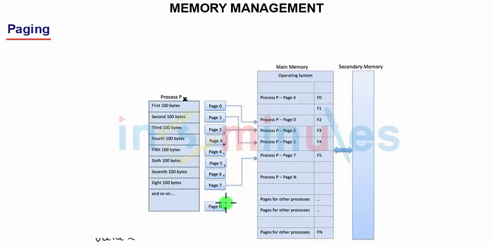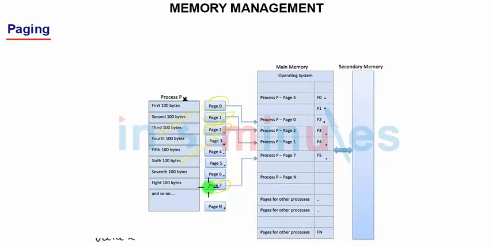These would be stored at different locations in available main memory, and F0 stands for frame 0, frame 1, frame 2, frame 3, frame 4, frame 5 and so on. Out of these, what is currently needed was page 0, page 1, page 2 and, for some reason, page 7 maybe.